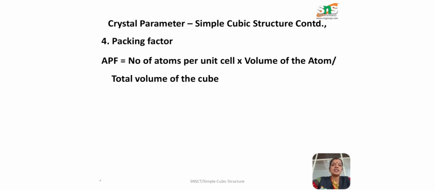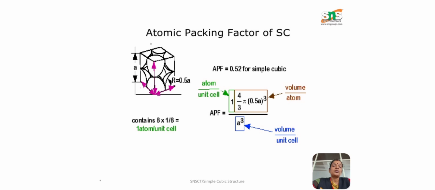The next one is the packing factor. The packing factor is the number of atoms per unit cell into the volume of one atom divided by the total volume of the cube. Here the number of atoms is 1. The volume of one atom is the volume of the sphere, that is 4 by 3 pi r cube, and the volume of the unit cell is a cube with side a.